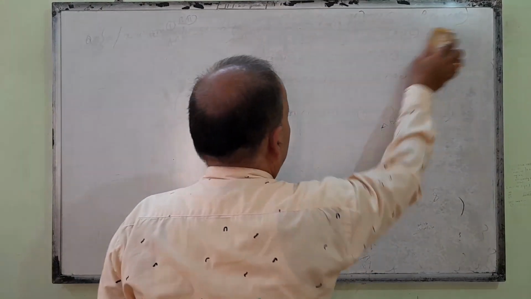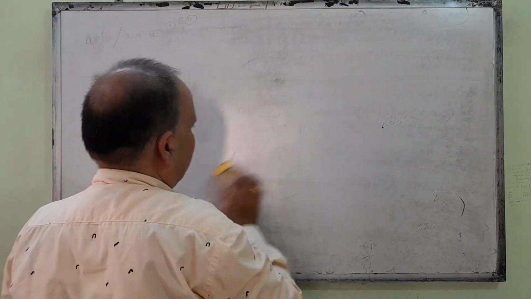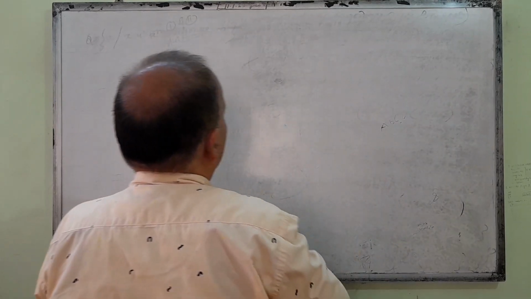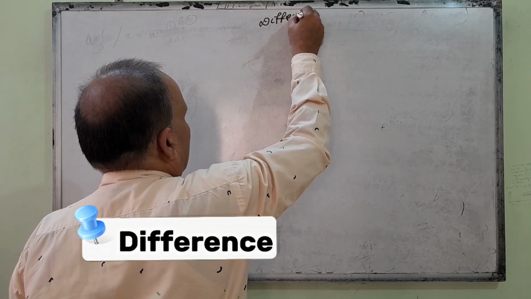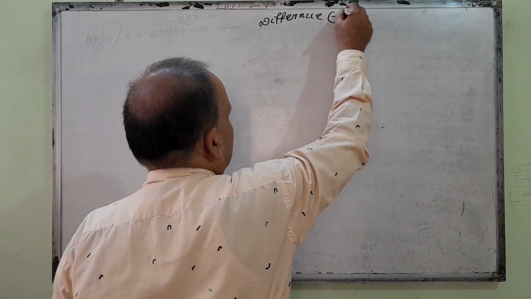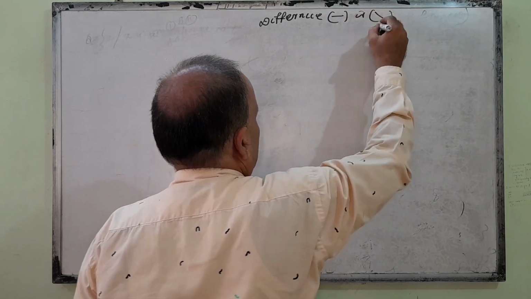Next, this is your union and intersection. Let's come to difference. Difference means you can give this sign or this sign also.